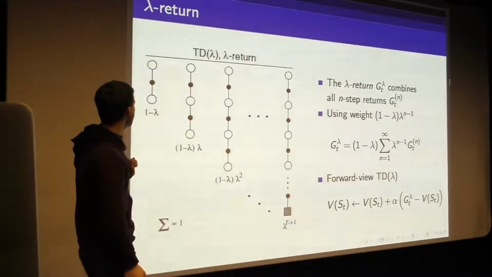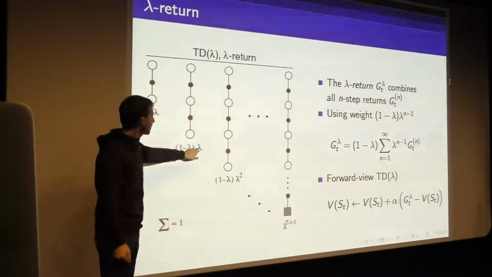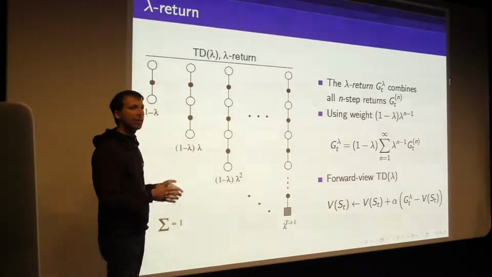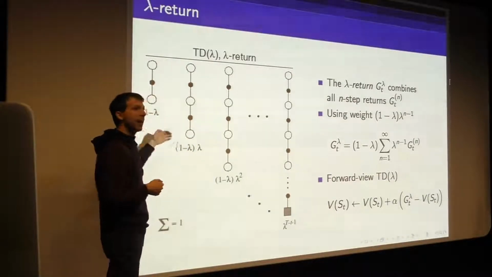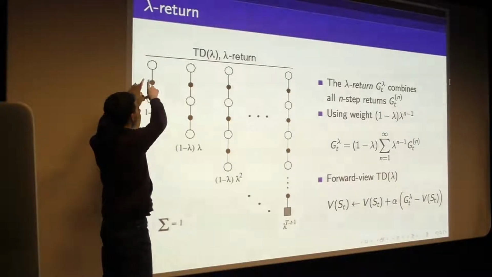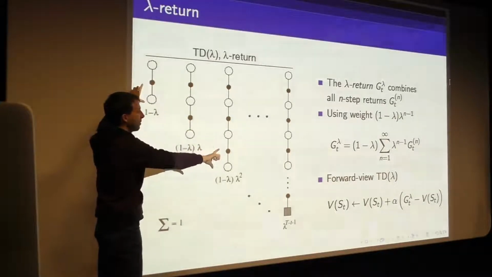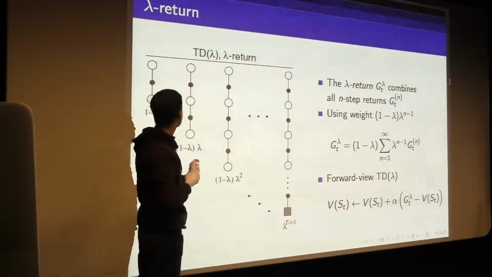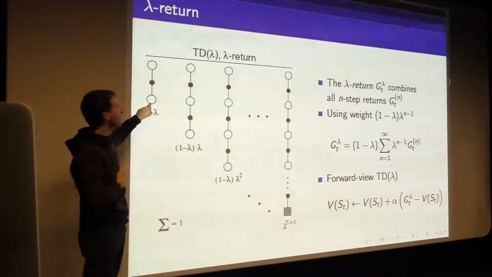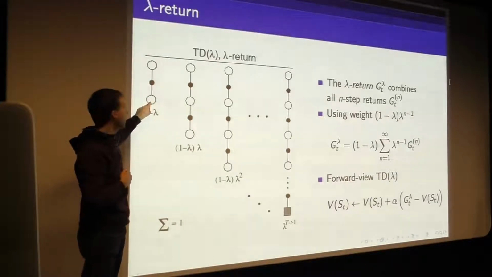And so the idea is that we've just got this constant lambda, which is between 0 and 1. And this constant lambda tells us how much we're going to decay the weighting that we have for each successive n. So we're basically going to have a weighting of 1 minus lambda for this one-step look ahead.